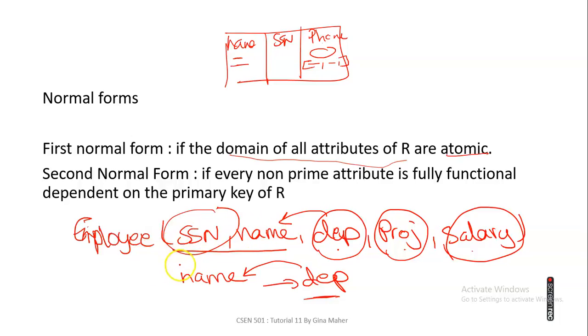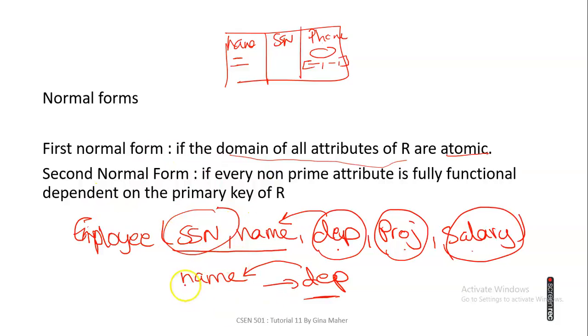Whenever a relation has a composite key, a primary key that consists of more than one attribute. The solution for each case is always decomposing.